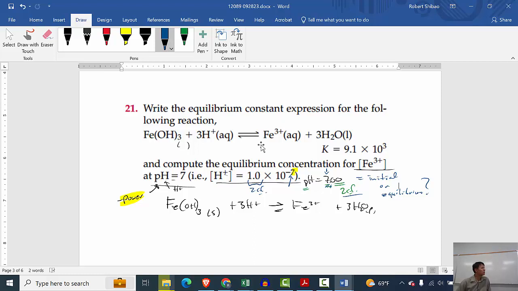If we start off here at 1.0 times 10 to the minus 7 molar, then there's going to be a change, and if there's a change, then it's not going to be at pH 7 any longer. So what this means is it has to be equilibrium, because they're saying at pH 7.